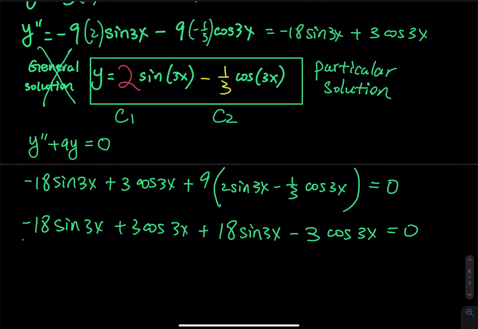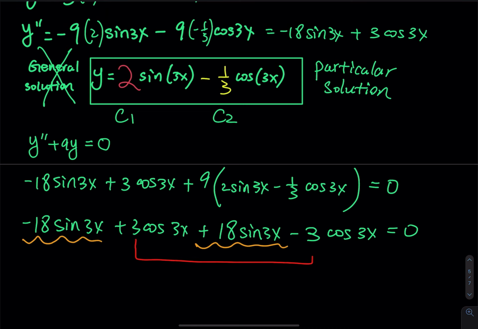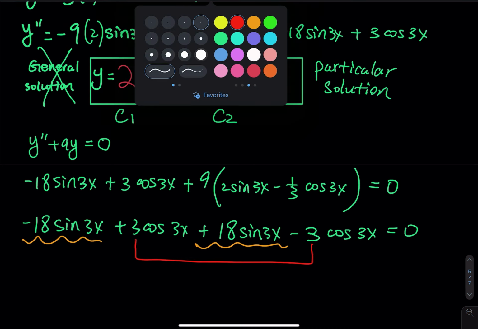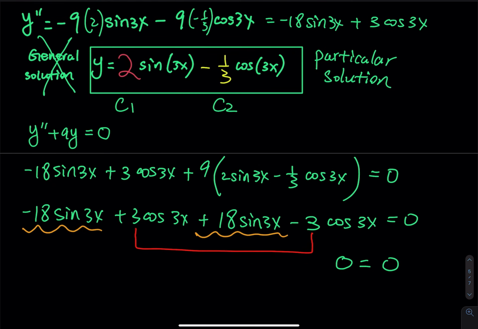So first of all, I have a negative 18 and a positive 18, so they got cancelled. And then second of all, I have 3 and a negative 3, they got cancelled as well. So at the end of the day, we have 0 equals 0. So that means the particular solution is verified. Whatever is in the box, the particular solution, is a correct particular solution.